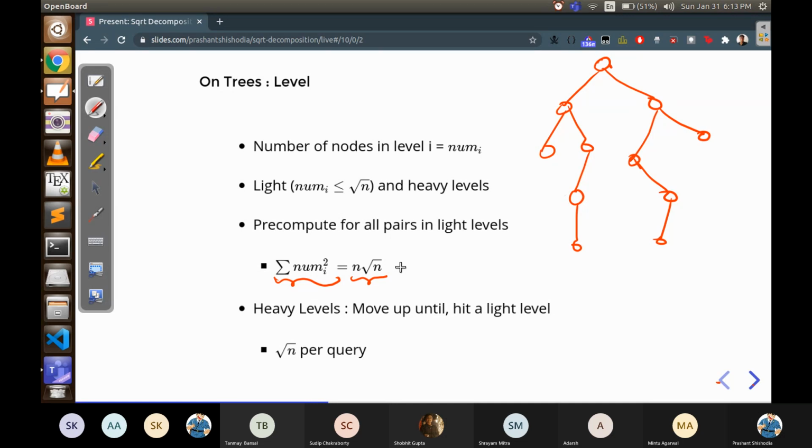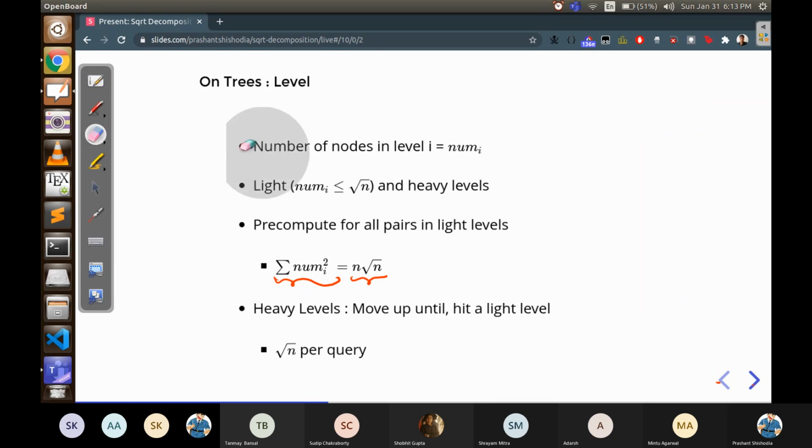And for heavy levels, okay, I'll have to explain it a bit more. So if you realize here, like in all the square root decomposition problems, there will be less than root n number of heavy levels, right? That's fine, right? Yes. Less than root n number of heavy levels.